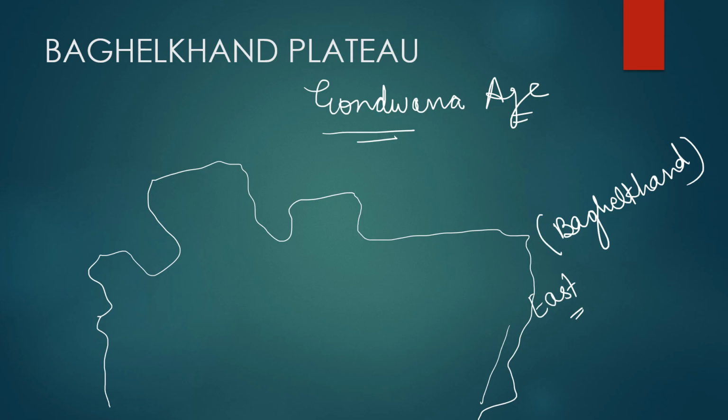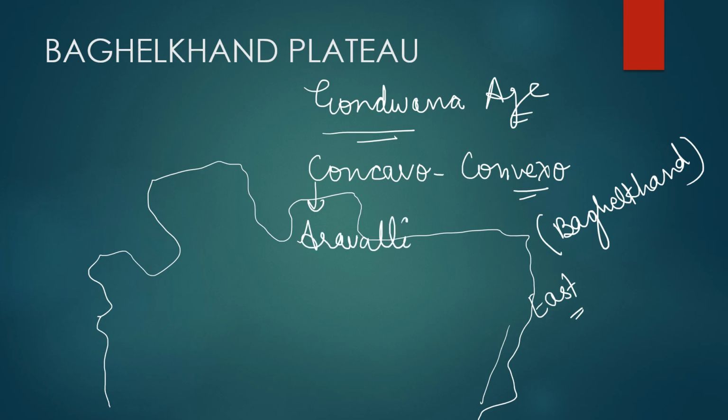There are very famous concavo-convex hills present here, which are present in the Baghelkhand plateau region. These hills are parts of the old Aravali hills. Very old Aravali hills are also present here.